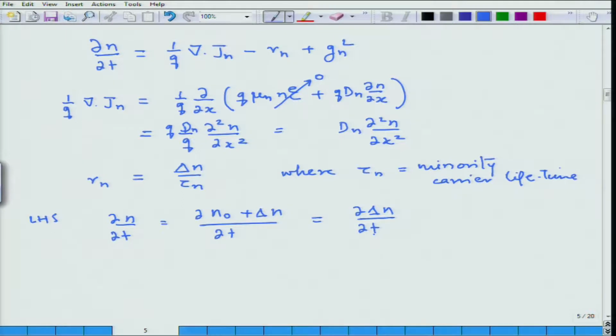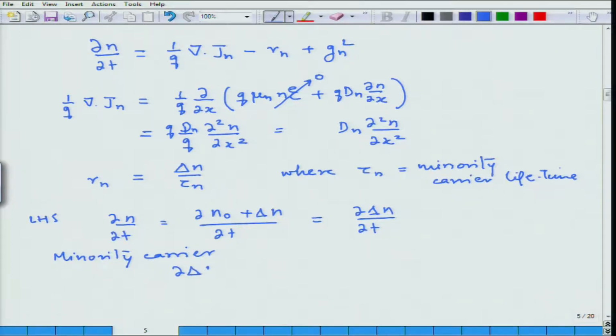Similarly, I can make this analysis for the second and the third term. Then I would write the overall continuity equation for minority carriers.